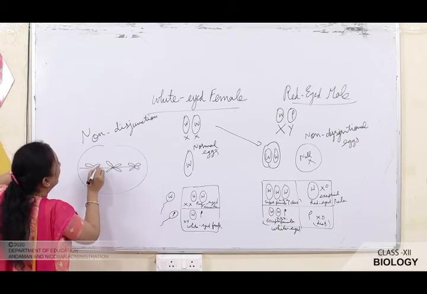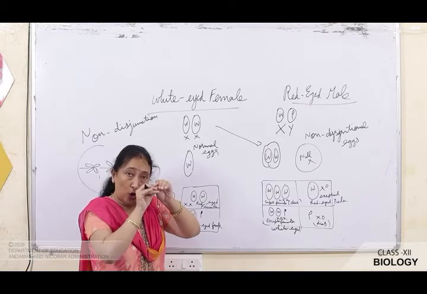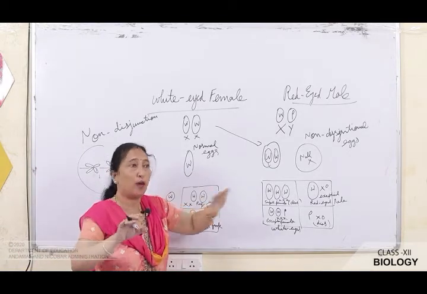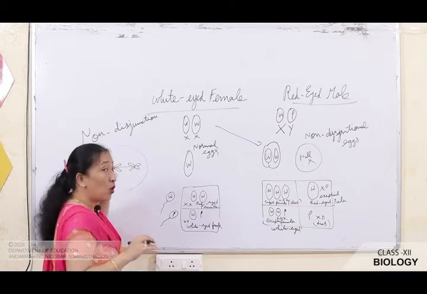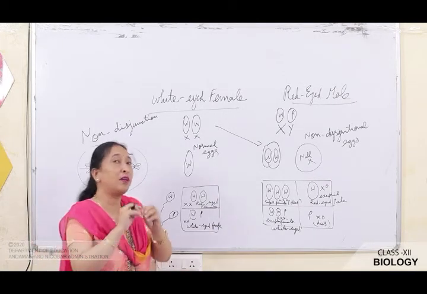So when it lies at the equator, what happens? It should separate the centromeres along with the chromatids to the opposite poles. Sometimes it fails to separate, the centromere fails to separate.